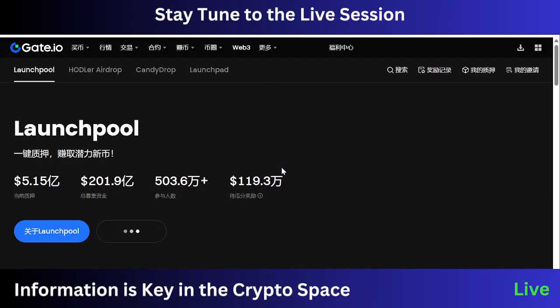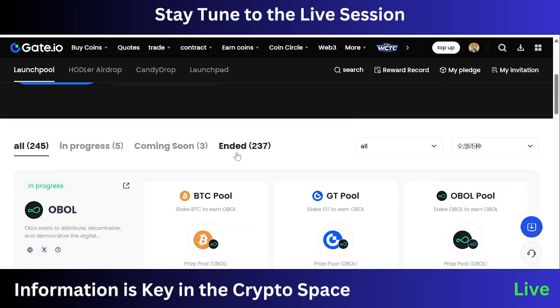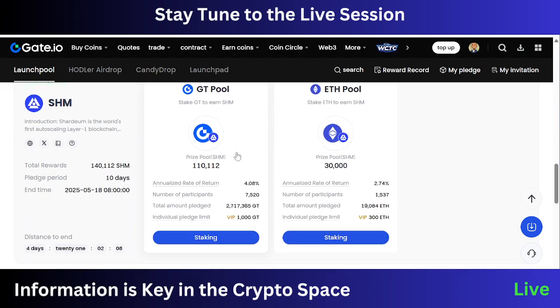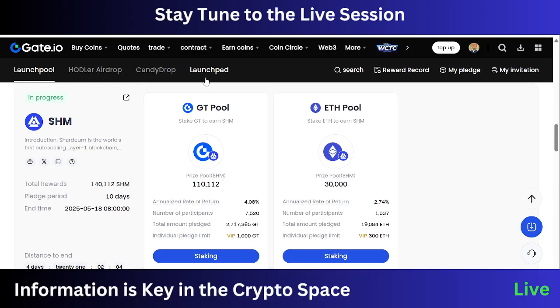So let's take a look into the Ethereum pool. Now for the Ethereum pool, which is the ETH pool, we've explained how staking GT earns SHM.